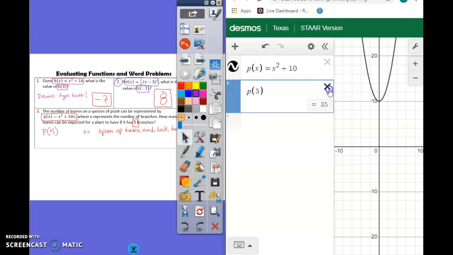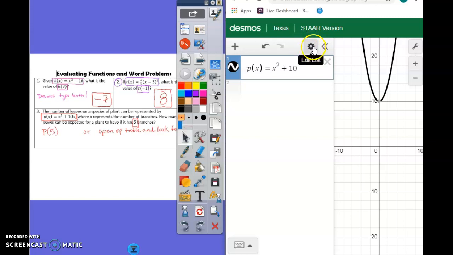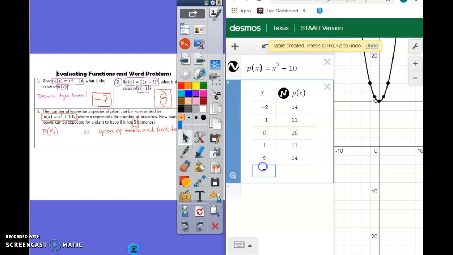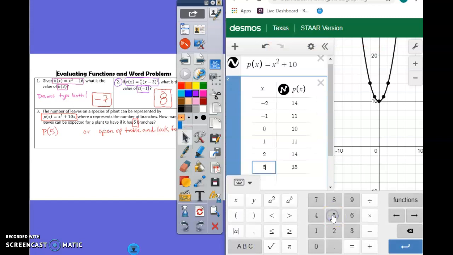I'm going to take this one off and hit this button right here. You see this button? Everybody look. This button right here, open up the table. And go look, type the number 5. So put the number 5 on there, and it gives you the answer. 5 gives me 35.